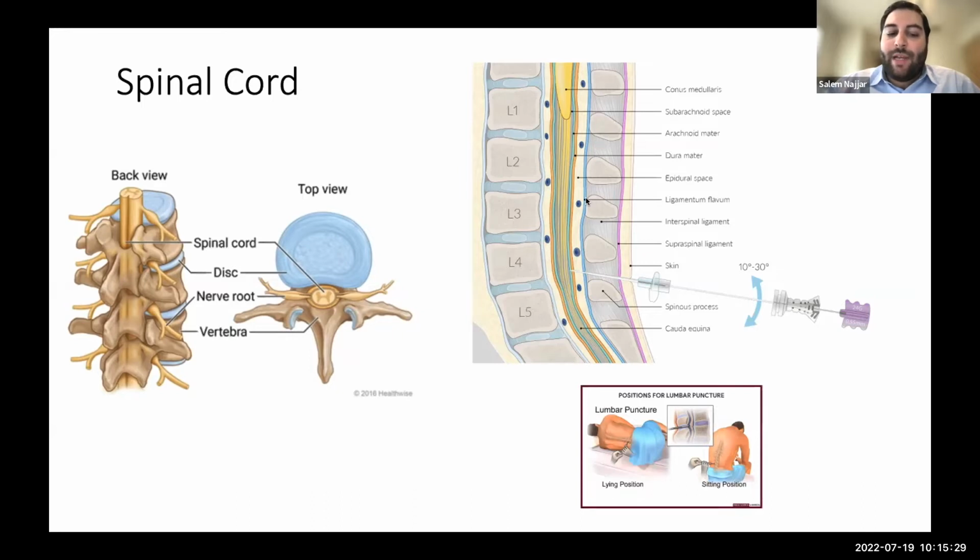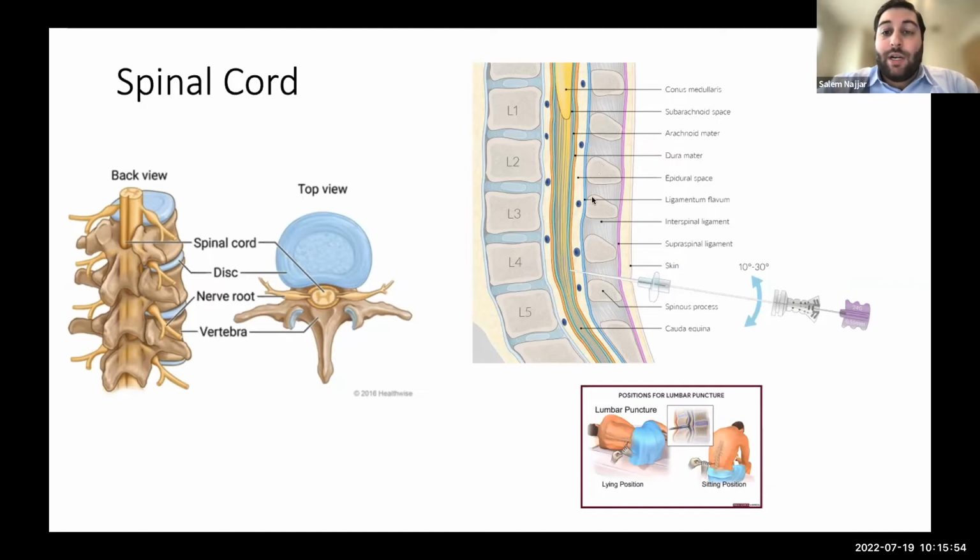At the ligamentum flavum, you'll hear an audible pop when the needle penetrates that. And from that point, you will reach the epidural space. People always talk about this, saying, I want an epidural. This is exactly what they're talking about. There are anesthetics that can be administered into this epidural space that help to reduce pain, especially during pregnancy.